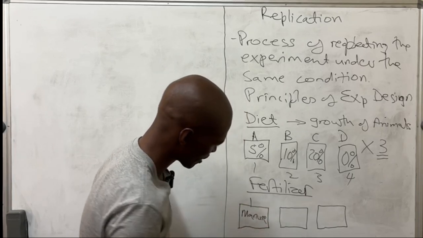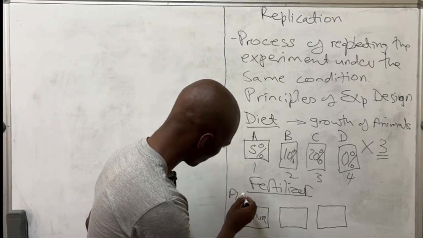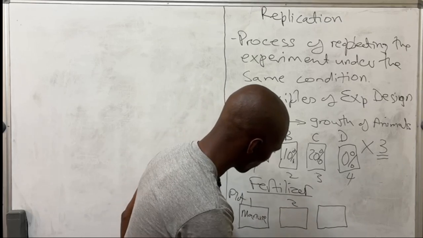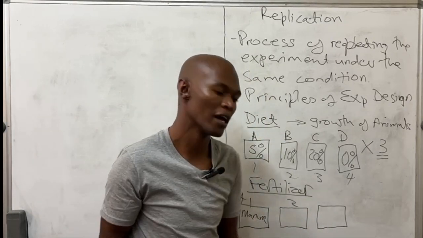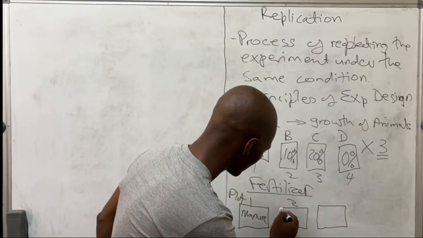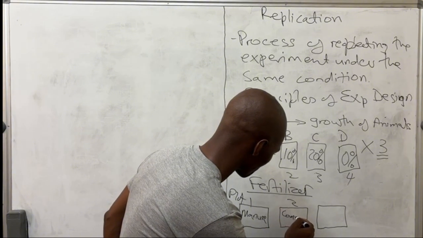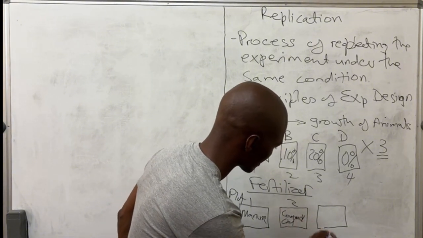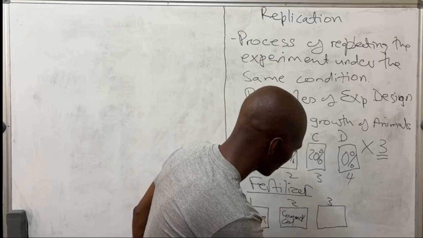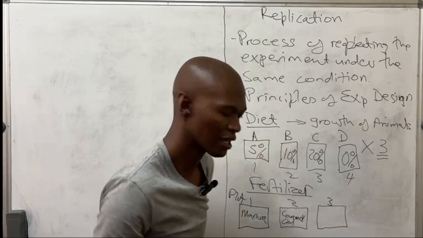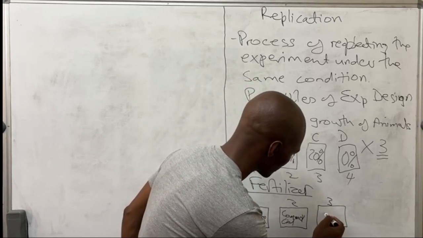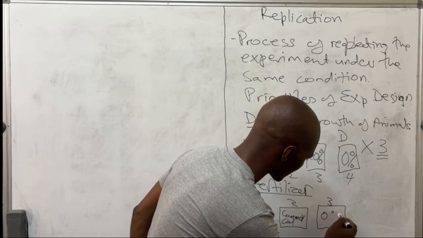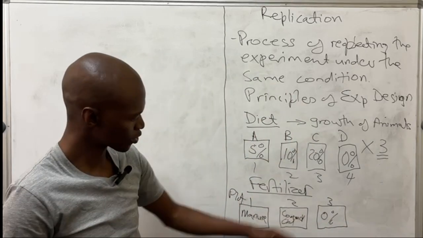Then in plot number 2, we put the fertilizer that you buy from the store, the commercial fertilizer. Then plot number 3 is a 0 fertilizer. You don't put any fertilizer there, which is 0% of your fertilizer, which is the control group.